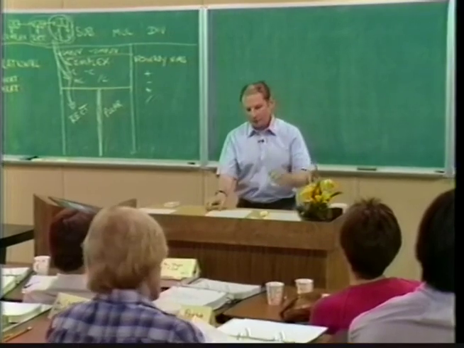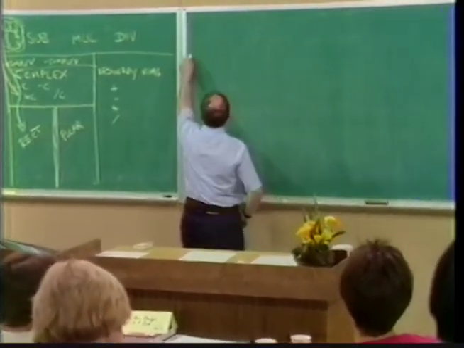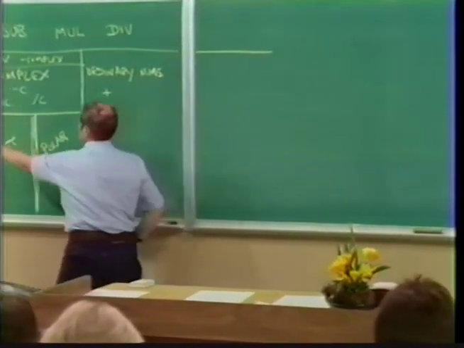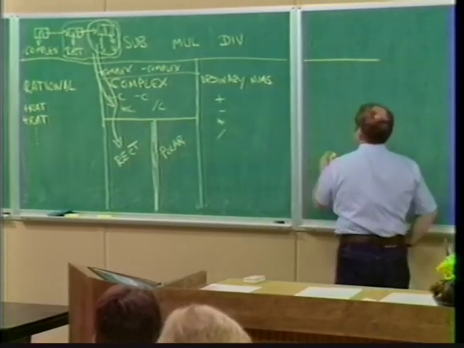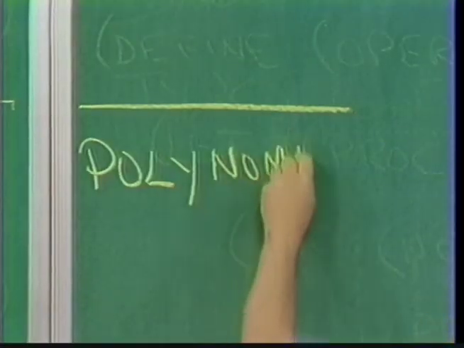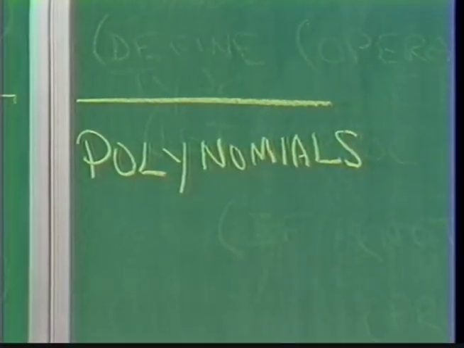In other words, by implementing it that way, not only do we have our system where we can have rational numbers or complex numbers or ordinary numbers, we've just added on polynomials.